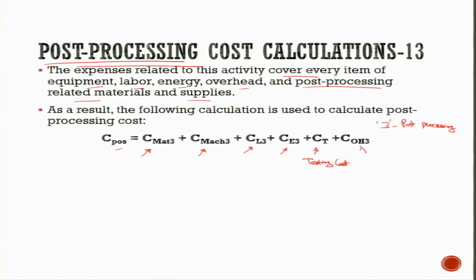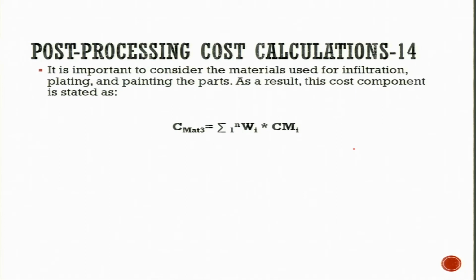Then the overheads for the post processing. In this case, the cost of the material for the post processing would be the weight of the material into the cost rate of the material for each of them. So, summation 1 to n for Wi into Cmi, the cost of the ith material.